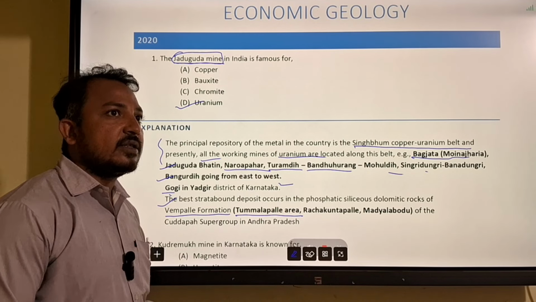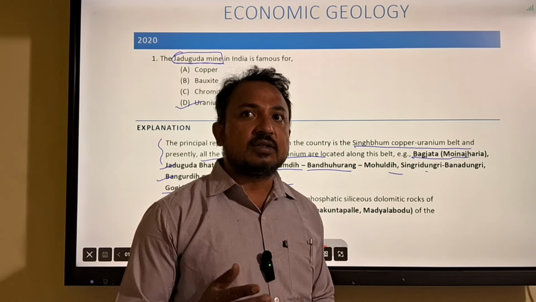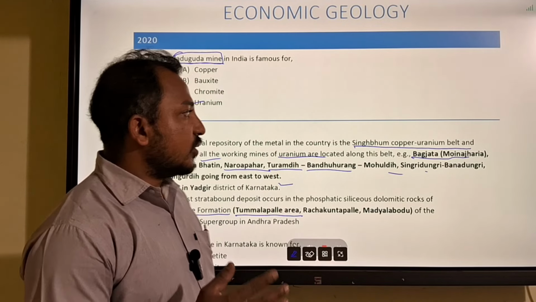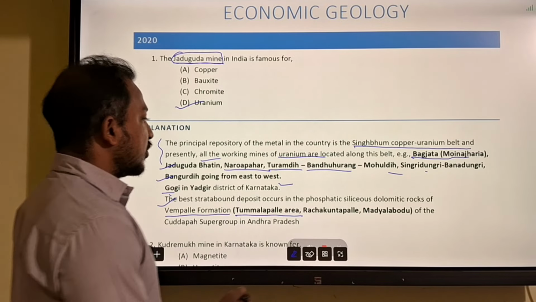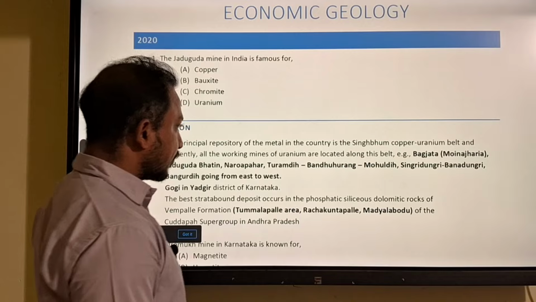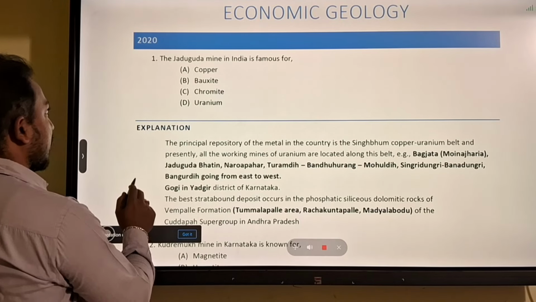Then in Chhattisgarh you will find it in the Bodal region. So these are the different uranium depositions found in India. The most important one is Jadugoda mines.